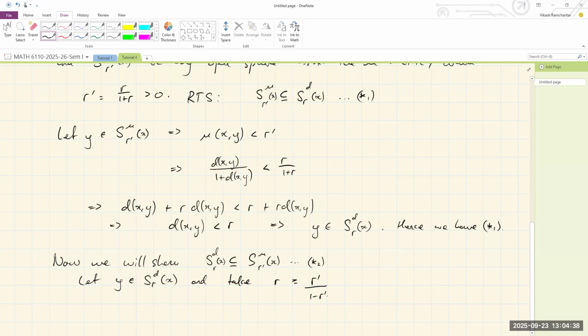Of course, if r prime is bigger than 1, then you take it to be 1. Okay. So take r to be this.